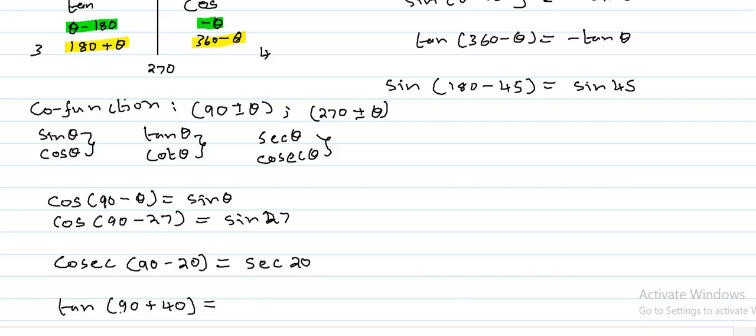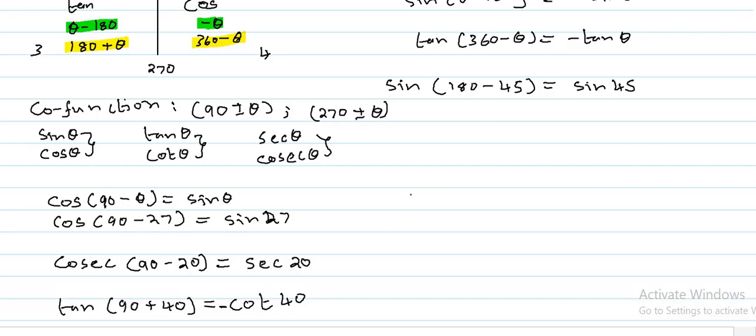But where we see 90 plus minus theta, we can write this function as its cofunction. The cofunction of tan we said is cot. So this is the same as cot of 40. But again, is tan positive in quadrant number 2? No. Also its cofunction must be negative. So this is negative the cot of 40.